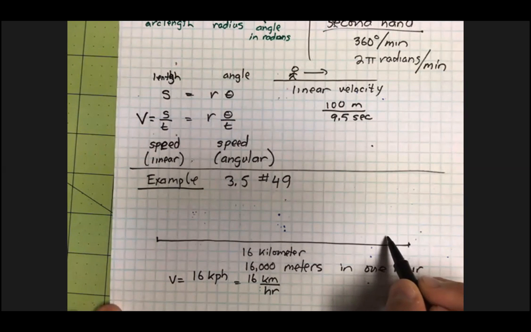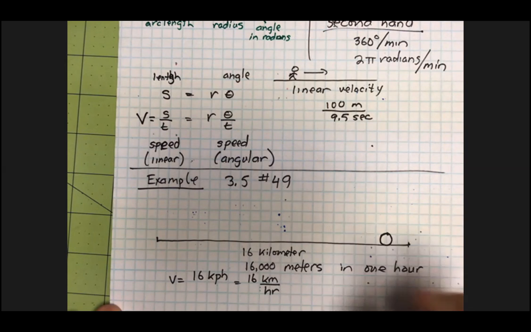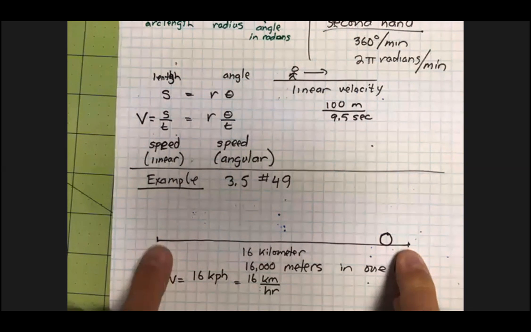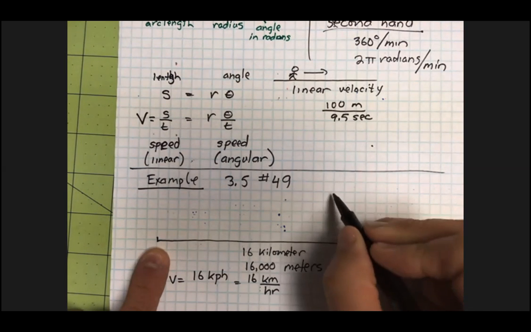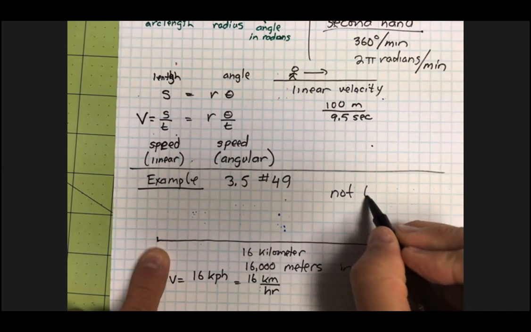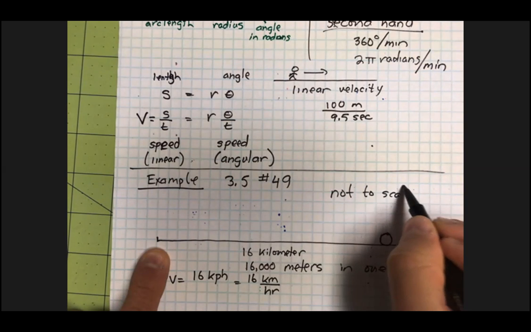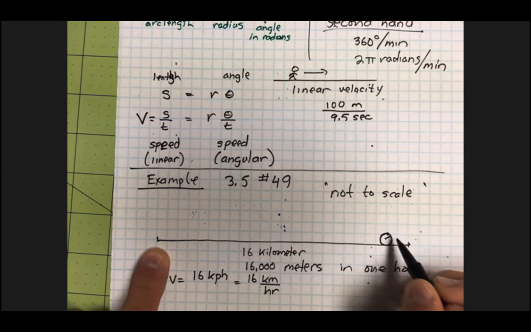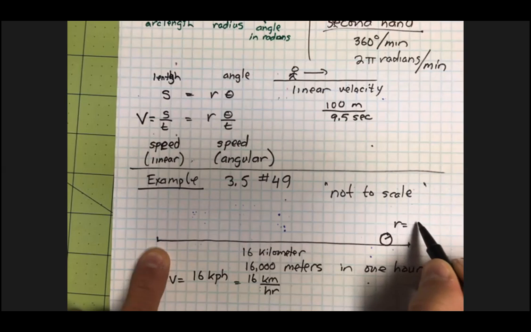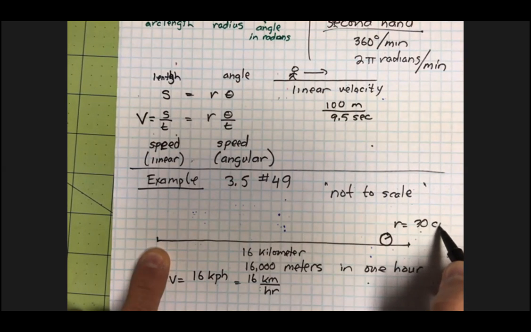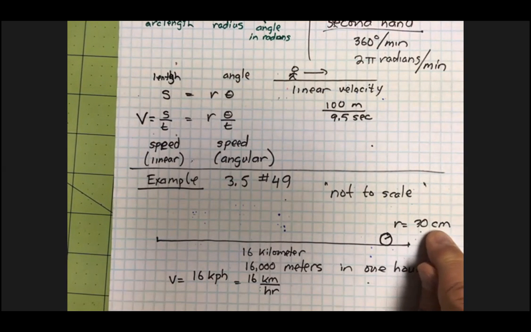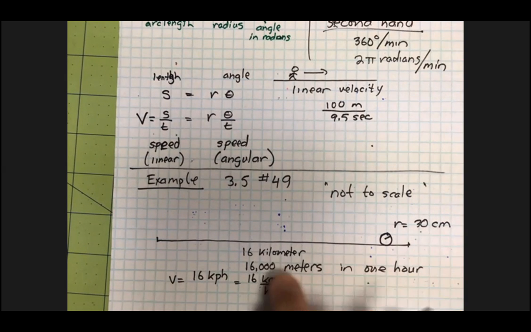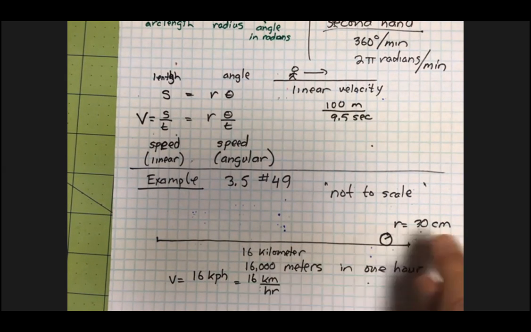Now, let me draw a bicycle wheel here, but no way is that bicycle wheel that large compared to 16 kilometers. This drawing is not to scale. I just want to help you visualize this. So let's say that bicycle wheel has a radius of 30 centimeters. Now I've got to compare kilometers and centimeters.